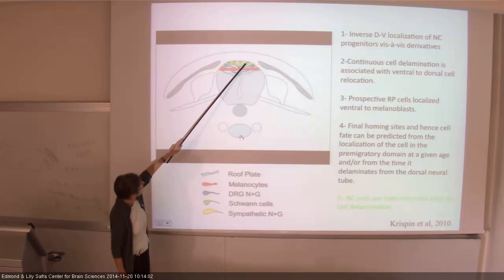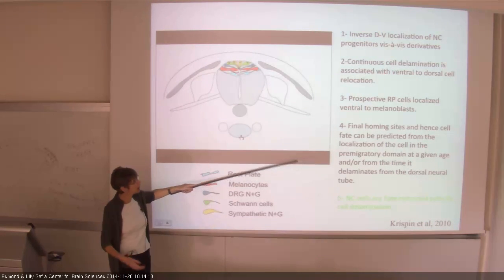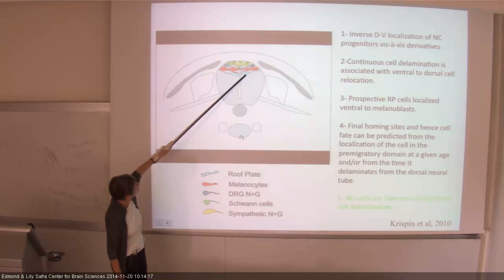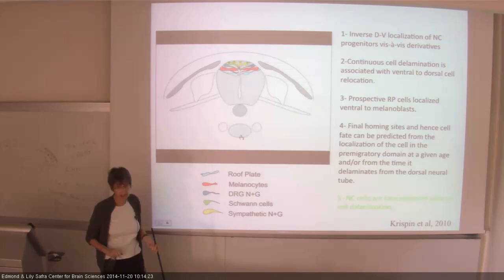The green cells are Schwann cell progenitors. The blue cells are dorsal root ganglion progenitors. The red cells are melanocytes, or will be melanocytes. And the light blue cells will become the roof plate, which is the definitive dorsal portion of the tube after the crest cells have left.